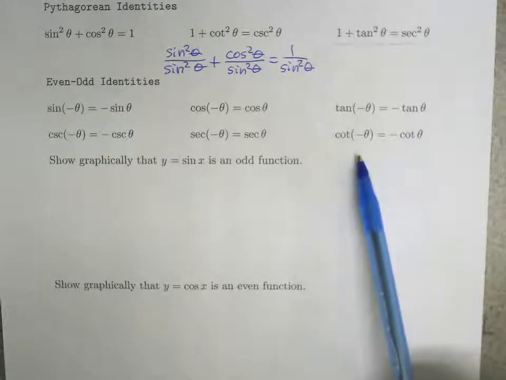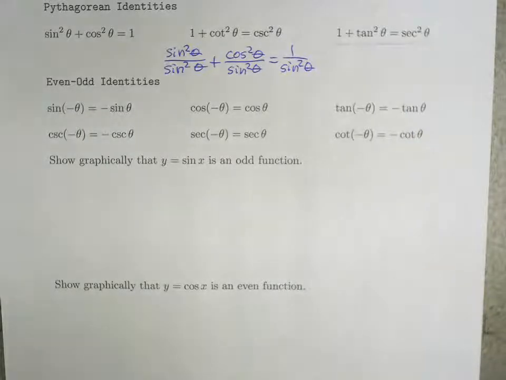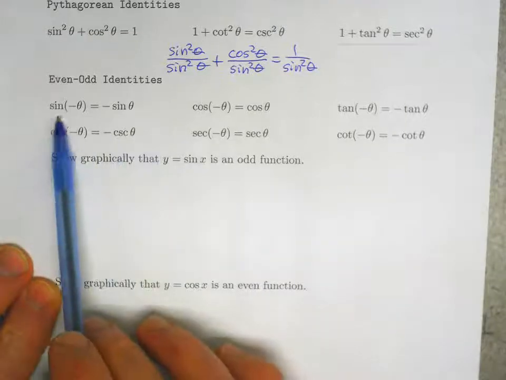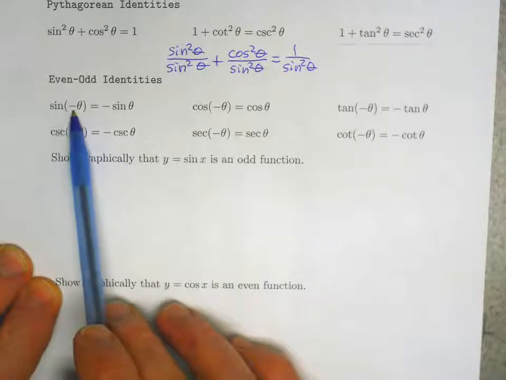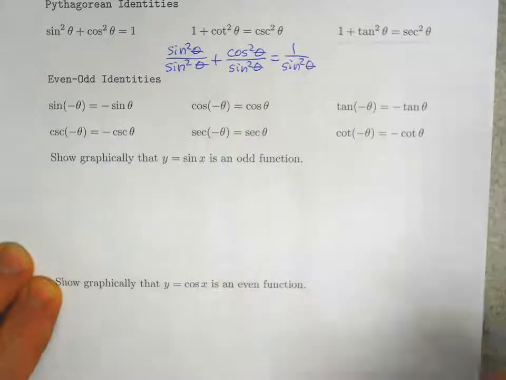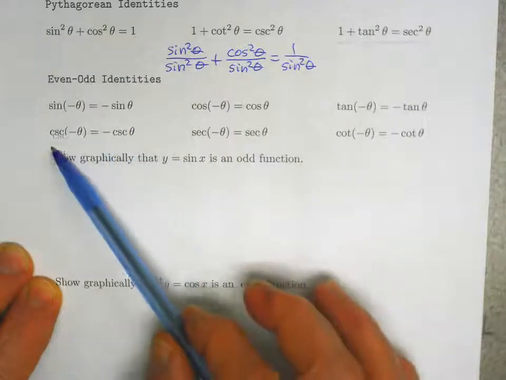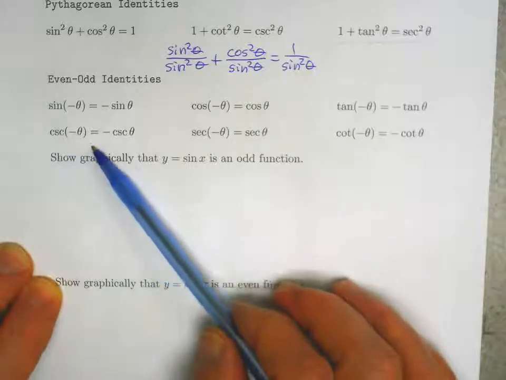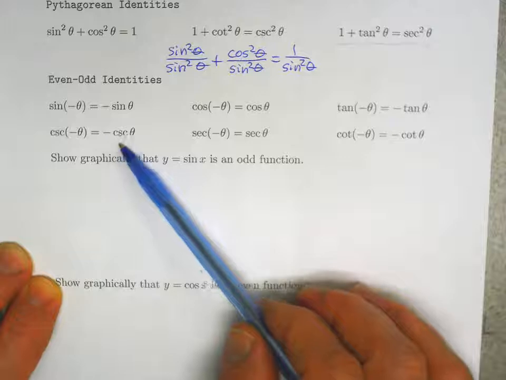Both tangent and cotangent are odd functions. So whenever you see sine of negative theta, if you prefer, you can write it as negative sine of theta. The same goes for the reciprocal function. Cosecant of negative theta equals the negative of cosecant of theta.